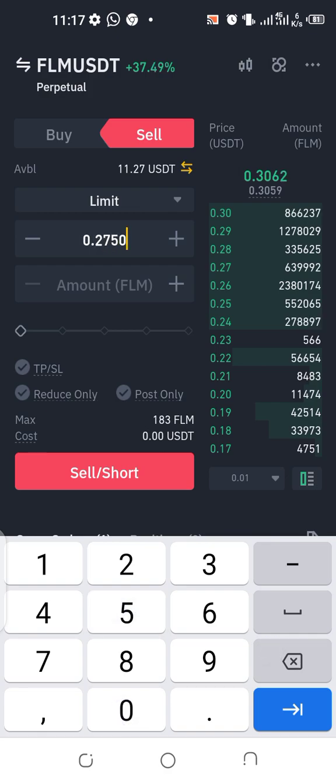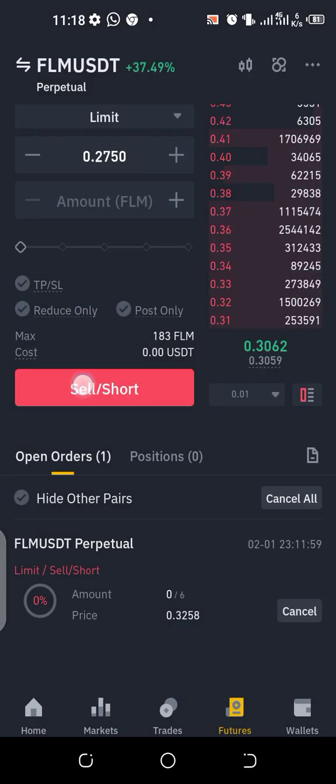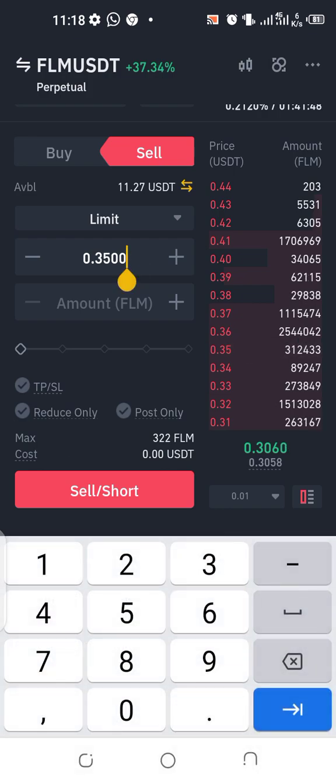Or I want to place a sell order and I'm willing to wait for some hours for that order to be filled. I want to get the best if possible. So 0.36 is the resistance. I'll place at 0.35 and subtract half the denomination. The denomination is 0.01. I'm going to subtract 0.005.